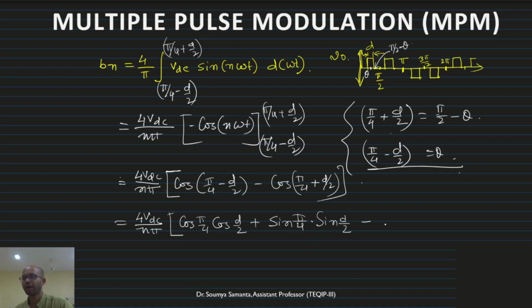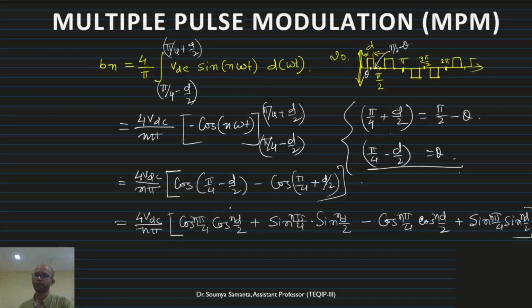This one minus cos of pi by 4 cos of d by 2, and because of this plus this will be minus, so minus and minus will be plus, sine of pi by 4 and sine of d by 2, and put n everywhere, n here, n here, n here, everywhere put n just before that.